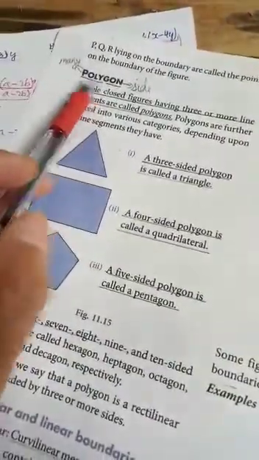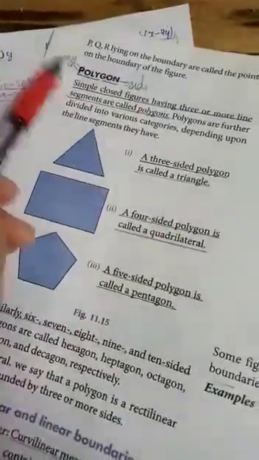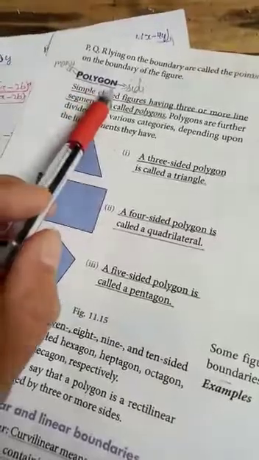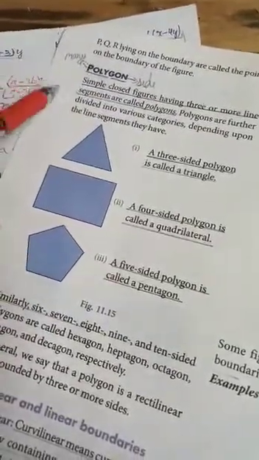So next you will see polygon. This you don't have to study, only for you to understand. Okay, poly means what? Poly means many, gon means side. So those figures which have more than two sides, we call polygons. A line has two sides, so it is not a polygon. Triangle has three sides, so it is a polygon.